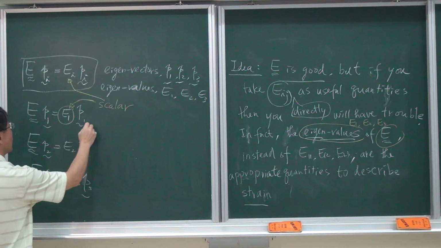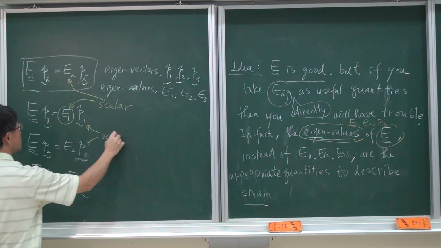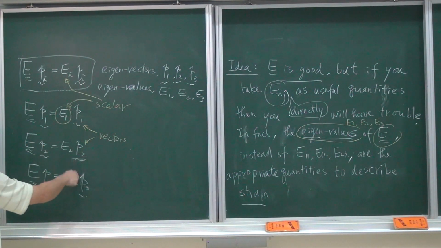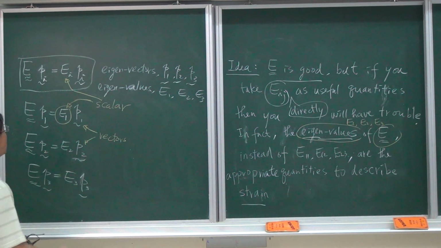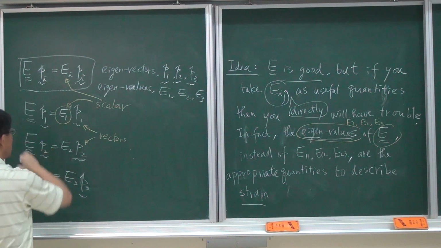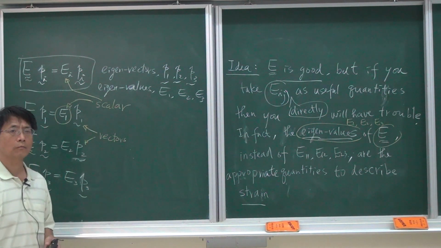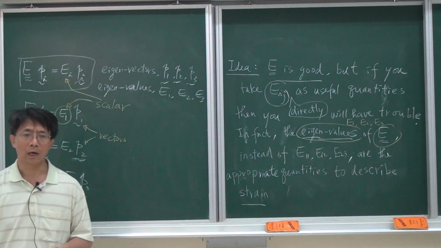These are eigenvectors, and these are eigenvalues, and these are scalars. Given a matrix, you can always compute its eigenvectors and eigenvalues if it is real symmetric.